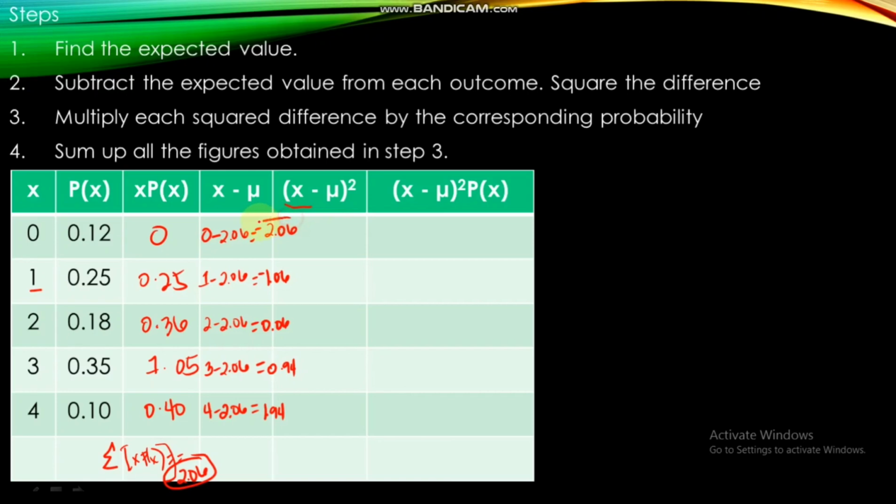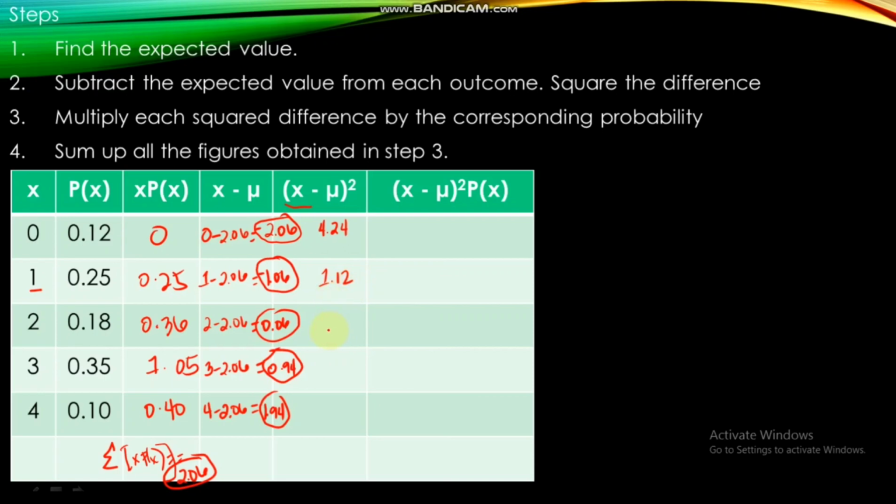Next, x minus the population mean, squared. We just square each of these by itself. Negative 2.06 times negative 2.06 is 4.24. Negative 1.06 times negative 1.06 is positive 1.12.